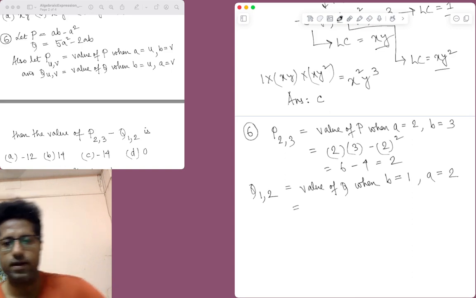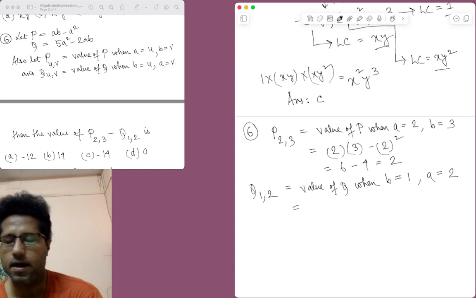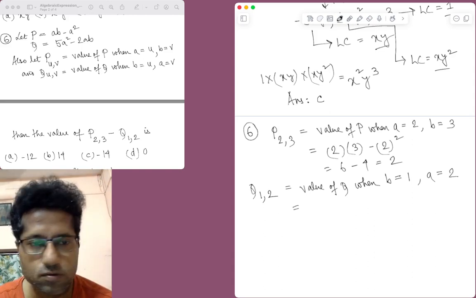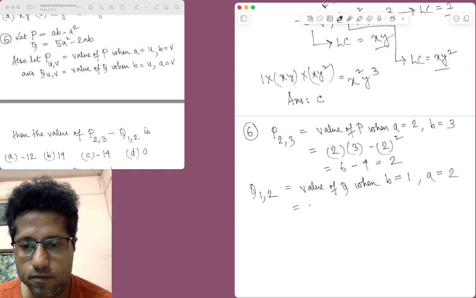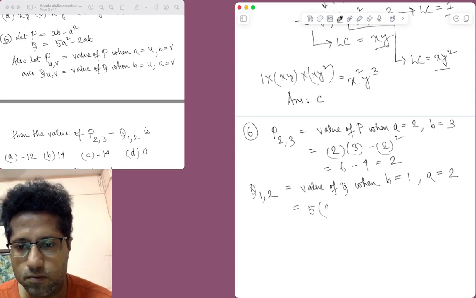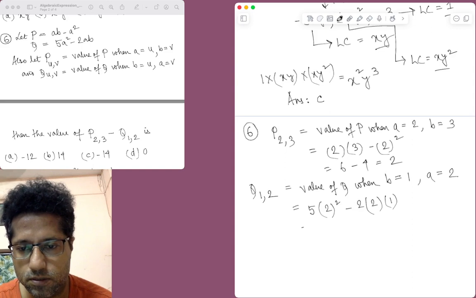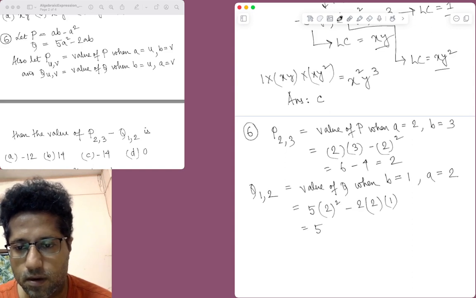So we have to find the value of the expression q by substituting the value 1 for b and 2 for a. If you substitute the values in the expression q, it becomes 5 into 2 square minus 2 into 2 into 1. So this is 5 into 4 minus 4, which is 20 minus 4, that is 16.